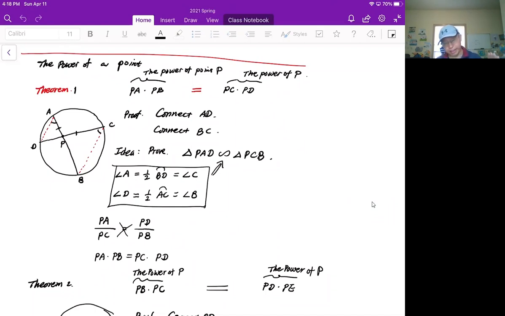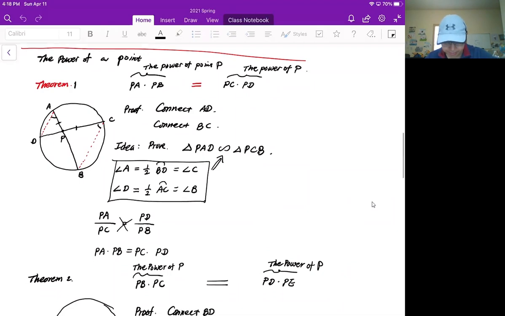So I need to show that PA times PB equals PC times PD, and that can be proved using similar triangles. You just connect AD and CB, and then the two triangles are similar. The proof is easy.